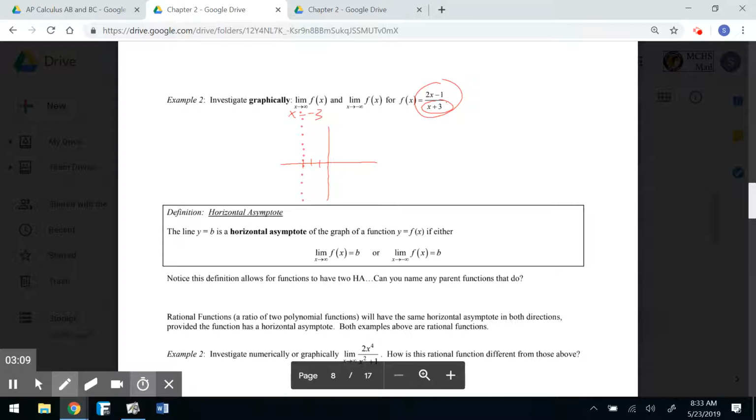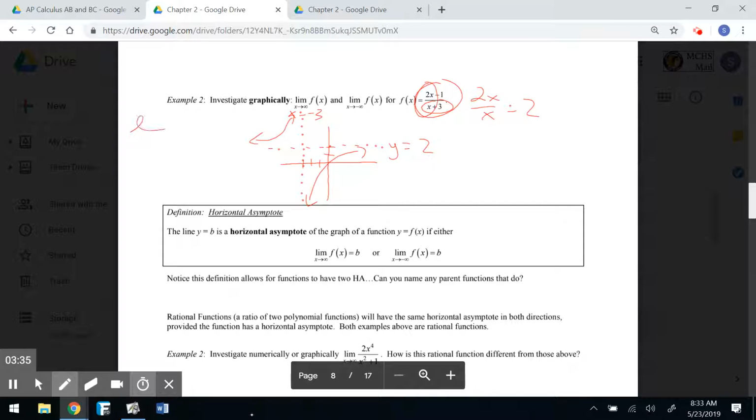Now, if we remember our rules of horizontal asymptotes, and we'll go over those in a moment, we look at the end behavior model, which would be 2x over x, which I'll get to in our next couple of slides. So there actually is a horizontal asymptote at y equals 2. Now, if I wanted to pick some values to graph, you would see that the graph would look something of this sort, which will help us to answer some questions.